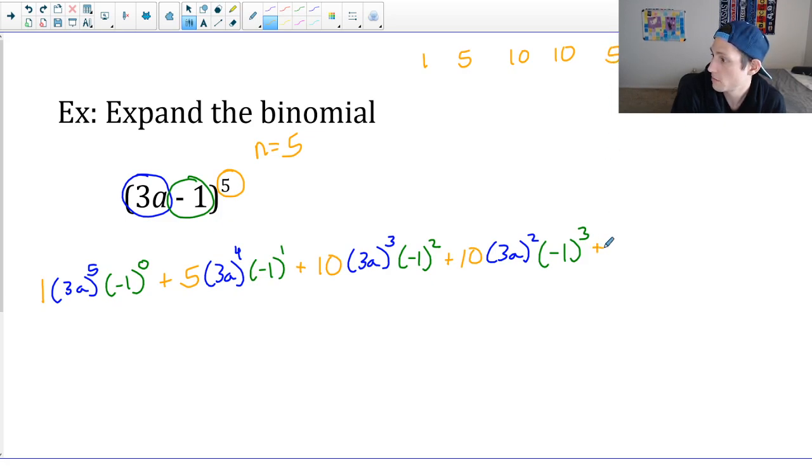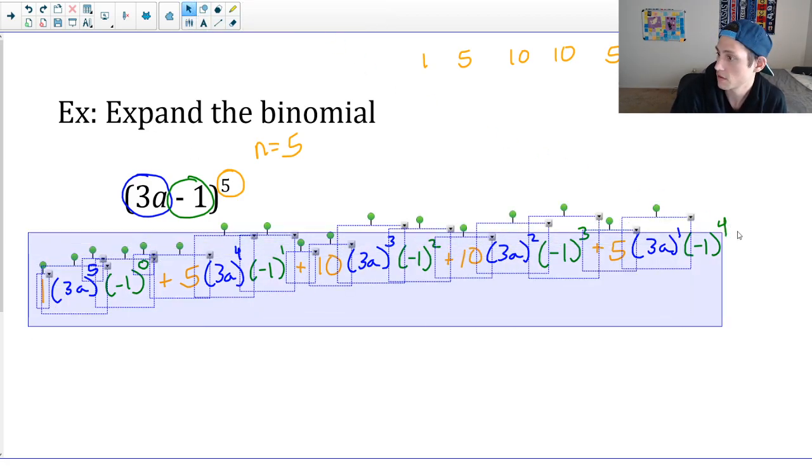Back to 5. 3a to the first, negative 1 to the 4th. Let me shift this over a little bit just so I don't run out of space.